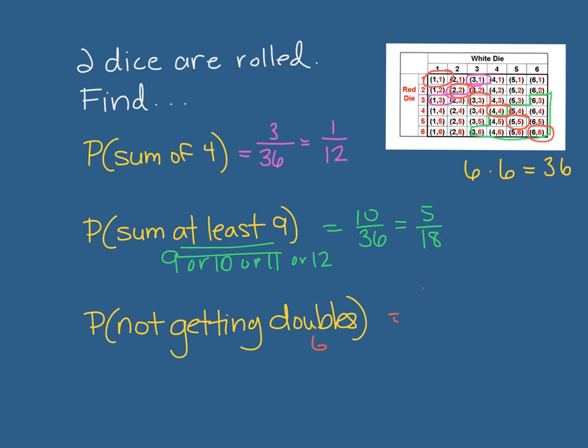So there's 36, take away 6, not doubles, out of 36 total. So this would be 30 out of 36, which if we simplify is 5/6. So that was one where we would use the complement, because there's a whole lot less doubles than there are not doubles. So we find what's easier to find, doubles, subtract it from the total to get the opposite.